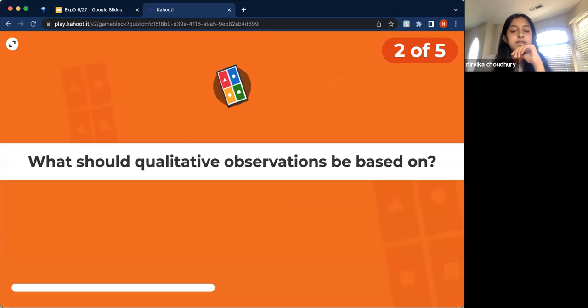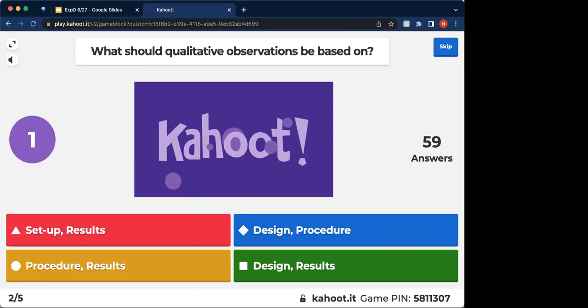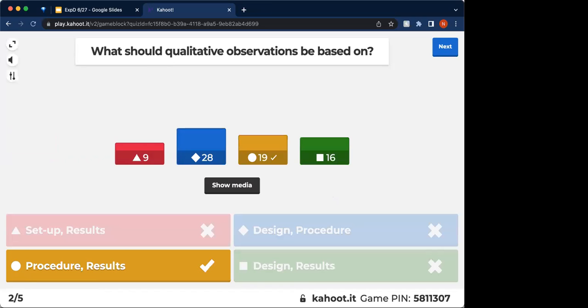What should the qualitative observations be based on? Okay, it's procedure and results.